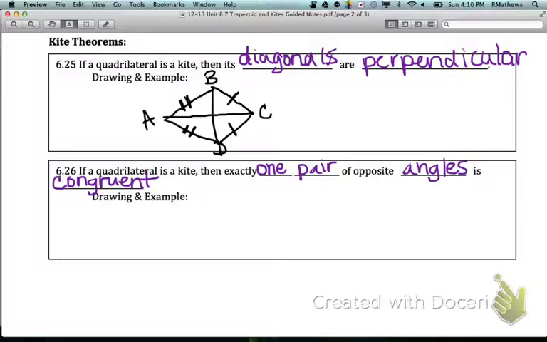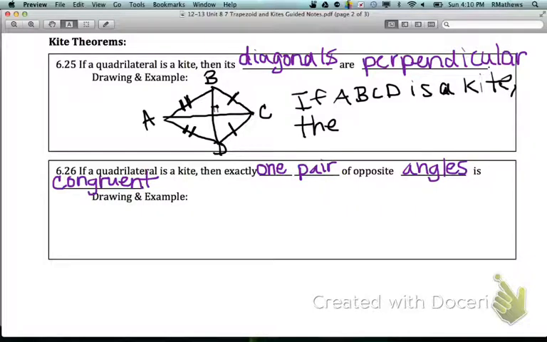That's not much better, but a little better. Okay, so what we're saying is, if ABCD is a kite, then AC is perpendicular to BD.